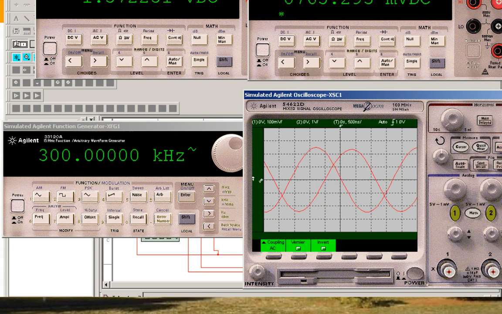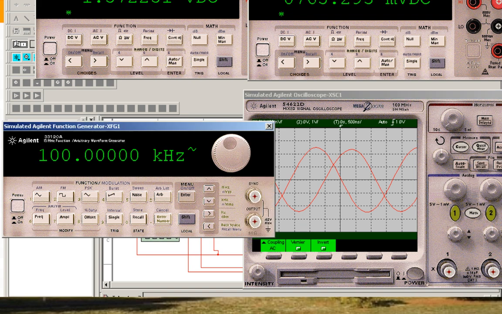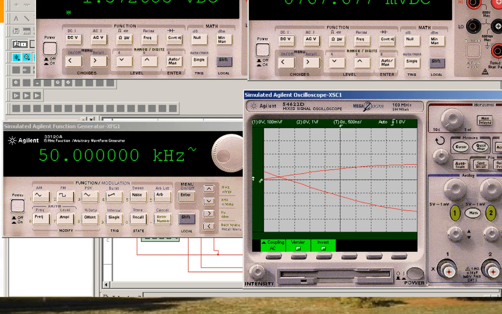It looks like the phase is changing a little. See, that's 180 degrees because the peaks are actually, yeah, it's 180.